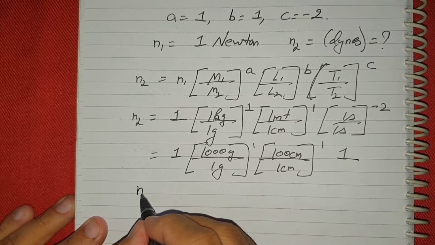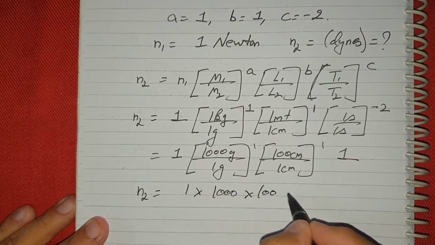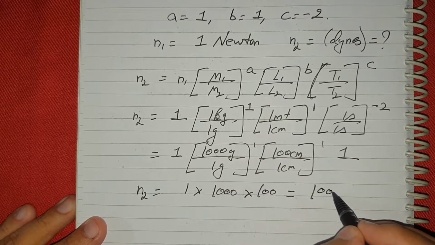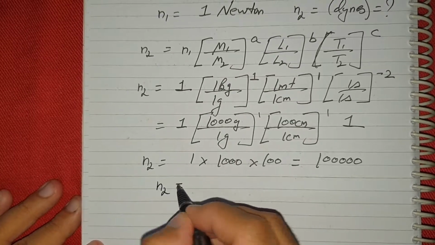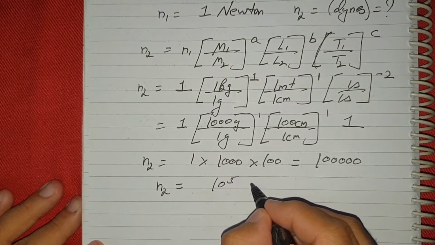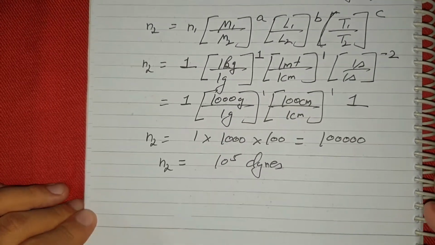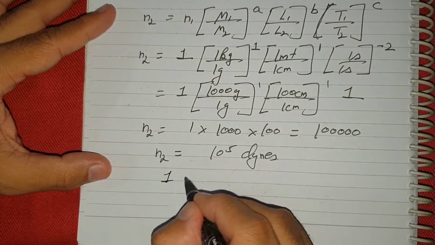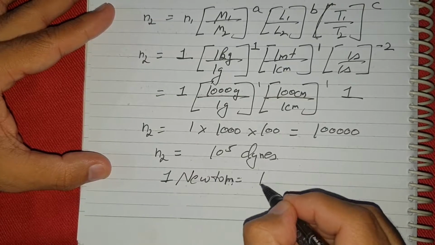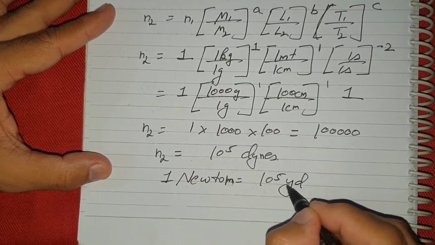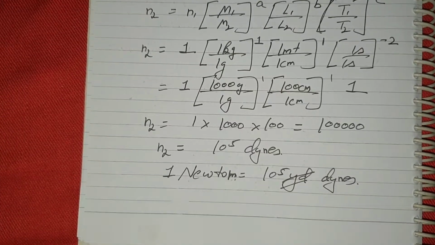So n2 is 1 into 1000 into 100, which is 10 to the power 5 dynes. So we got to the conclusion that 1 Newton is 10 to the power 5 dynes.